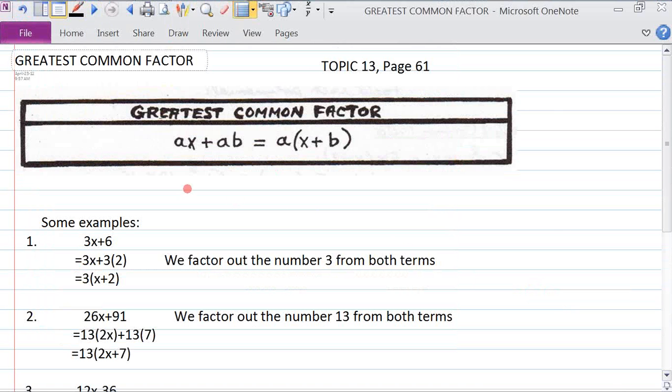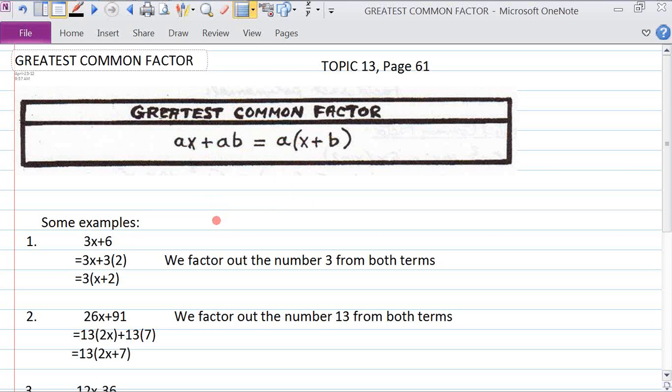So let's go to the greatest common factor. Here, if we look at this term ax plus ab, we can see that the letter A is common to both the first term and the second term. So we can take out the letter A, and then we can see that A times x gives us ax, which is the first term, and A times plus B gives us plus ab right here.